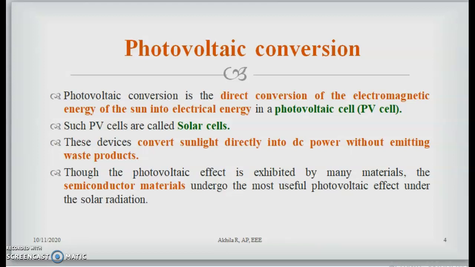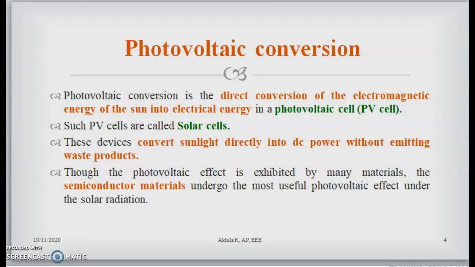So the photovoltaic conversion is a direct conversion where the sun's rays energy is being converted into electrical energy. And such PV cells, photovoltaic cells, are also known by the common term as solar cells. So their highlight is that these cells can convert sunlight directly into DC power without emitting waste products.